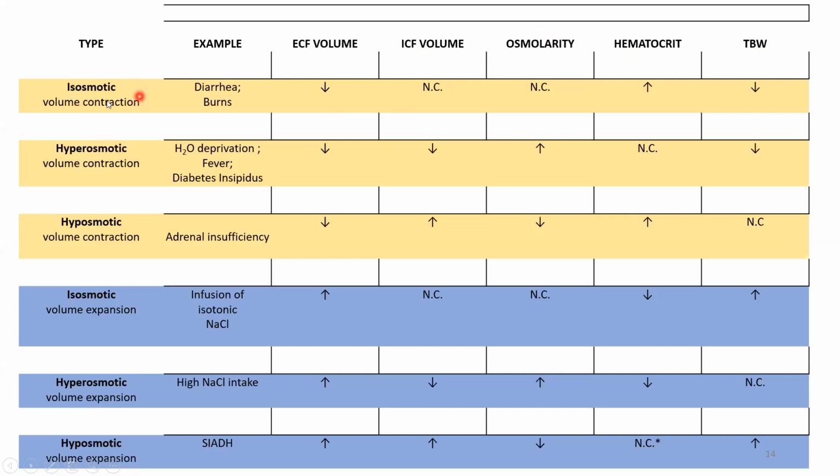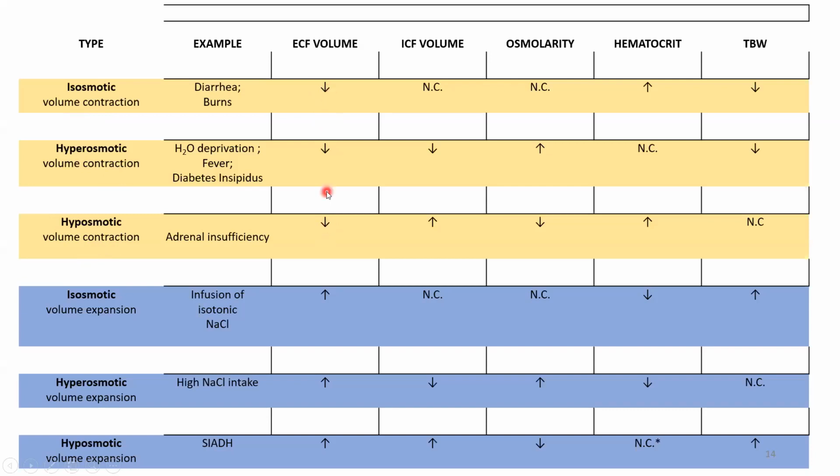Okay. Now these are color coded. If you want to give this whole nice chart a key, the yellow stuff is all volume contraction. So something is happening where ECF volume is decreasing.